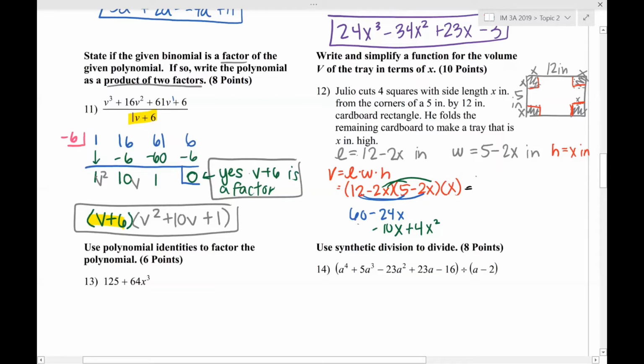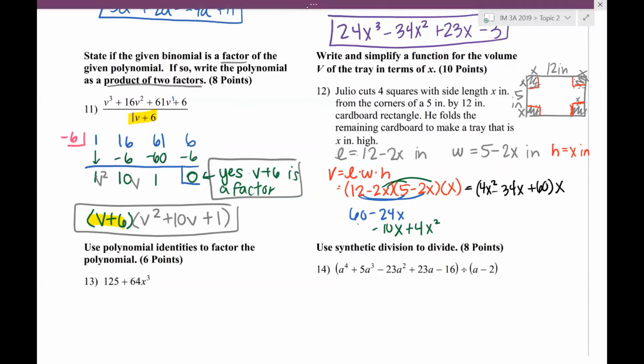which is, if we write it in standard form, 4x squared minus 34x plus 60 times x. So when I multiply this by x, I'm just increasing all the powers by 1 as I distribute.